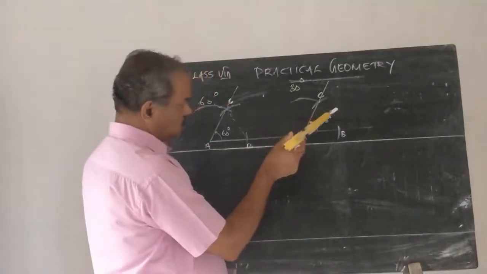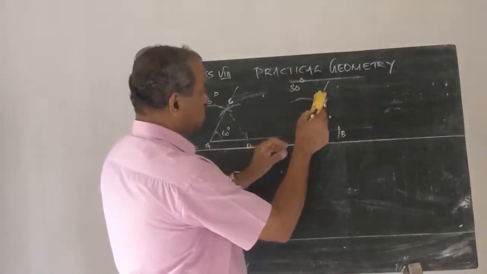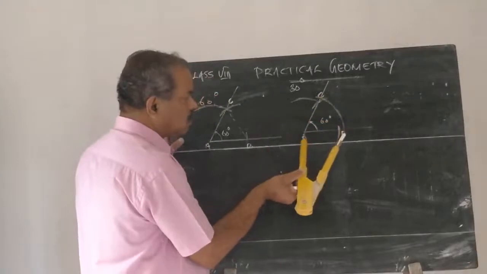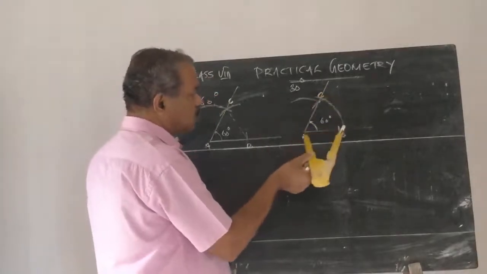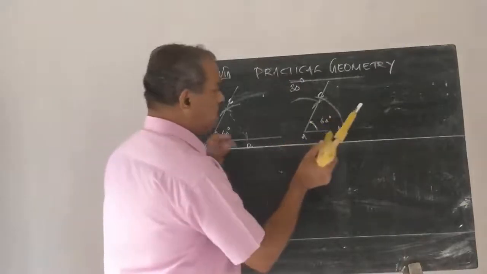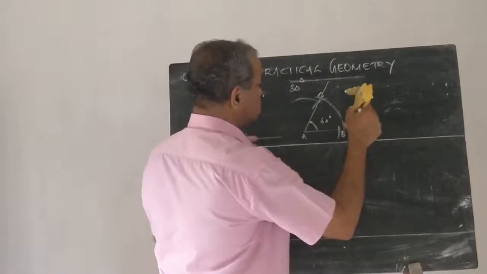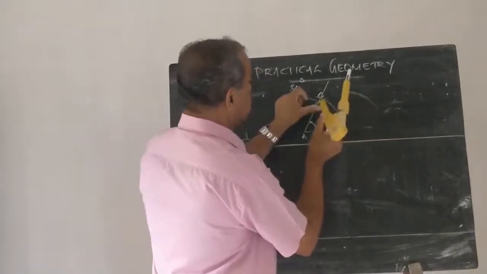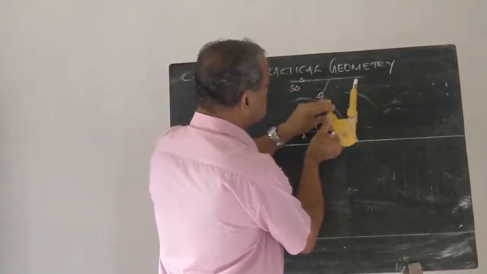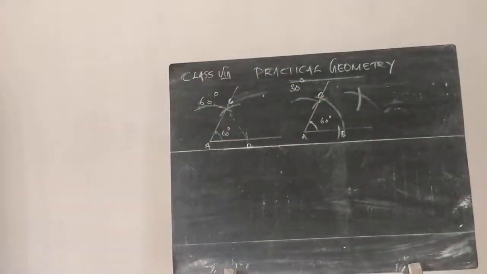For that, from vertex C, draw an arc like this, which cuts both the arms of the angle in this manner. Then, from this point of angle, draw the arc inside. From this point also draw the arc inside. Then draw the line.